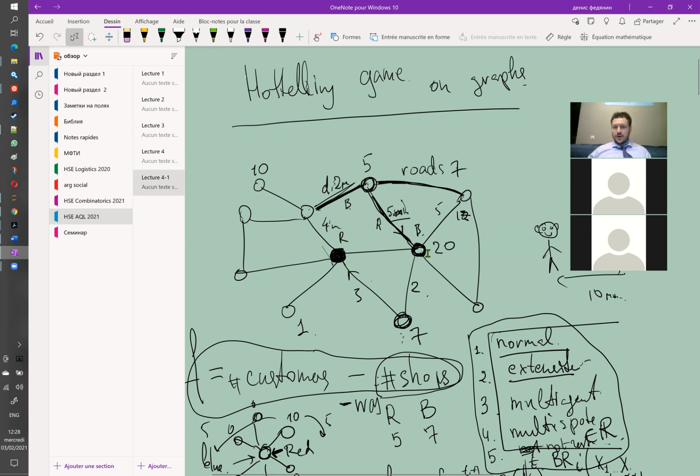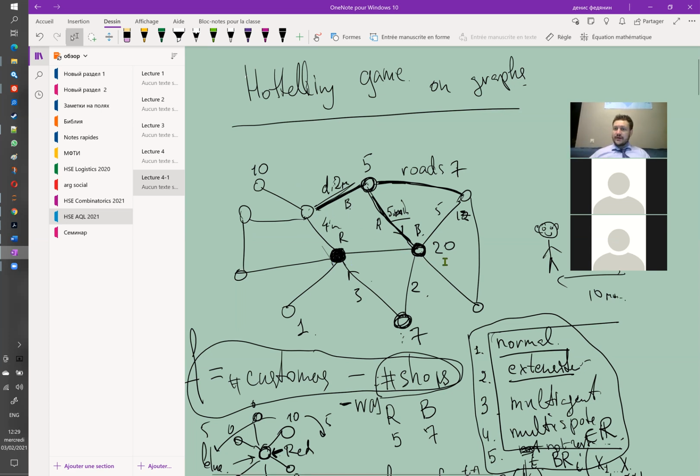And we want to place our shop, a supermarket, IKEA for example, or Auchan, or any other, and we have to choose the place, and we want to compete with others, with other guys. For example, Auchan wants to compete with some other supermarket here, and then we have to choose. For a very large graph, we can allow only several points to place shops.